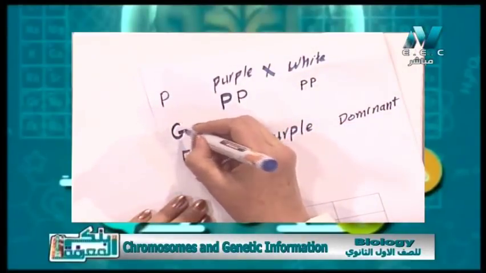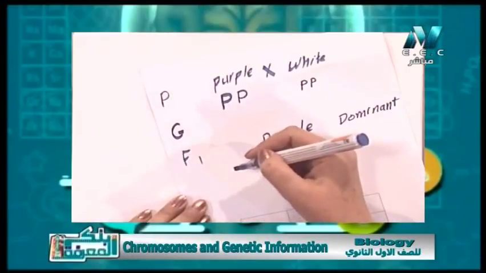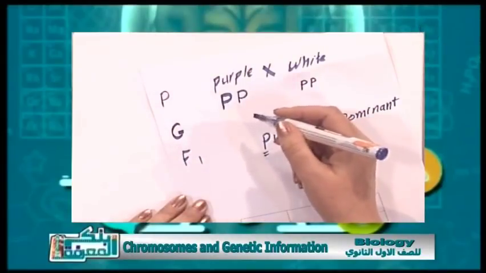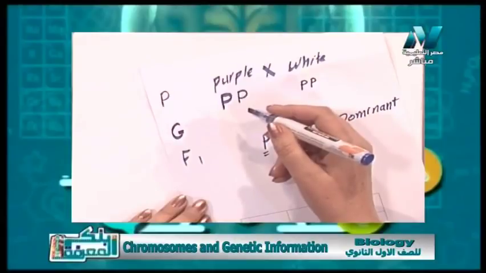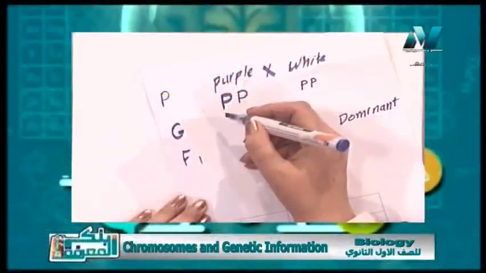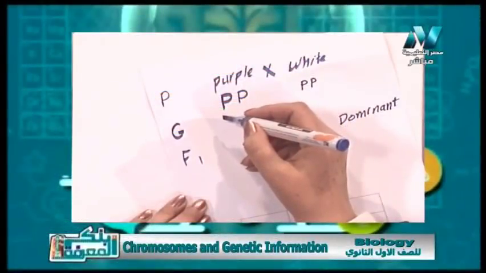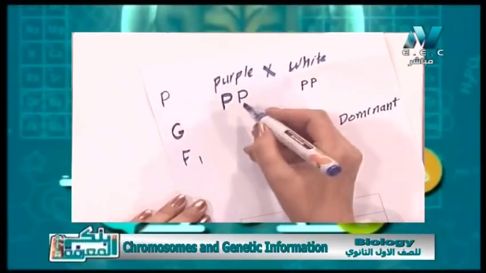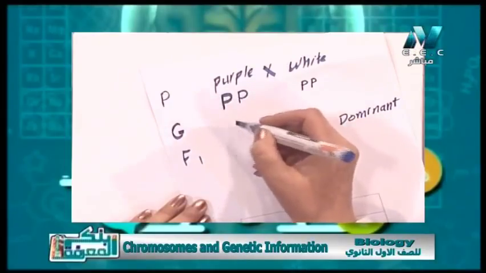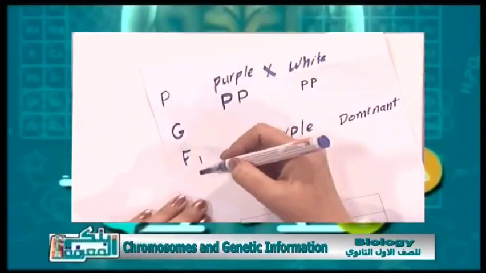But the parents need to form the gametes. The gametes in the plants are pollen grains, which are the male gametes, and ova for the female gametes. And as you remember, the gamete is a reproductive cell that contains half the number of chromosomes. So we have to find the half of these chromosomes.